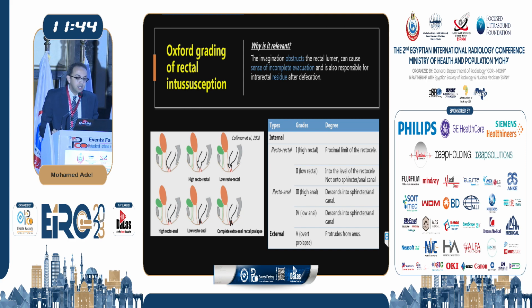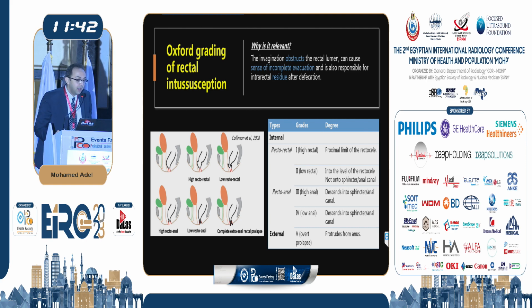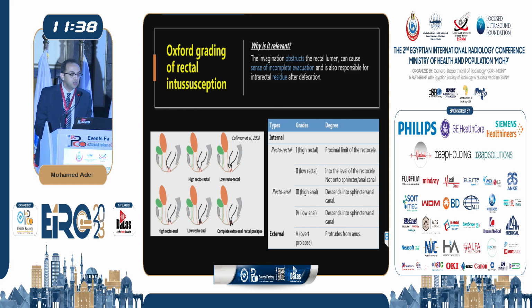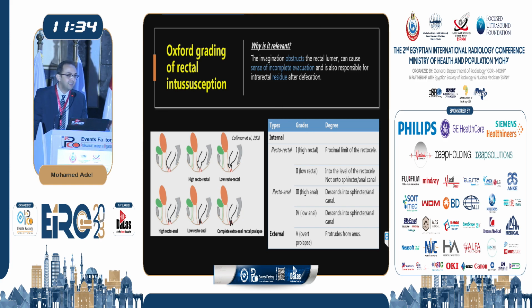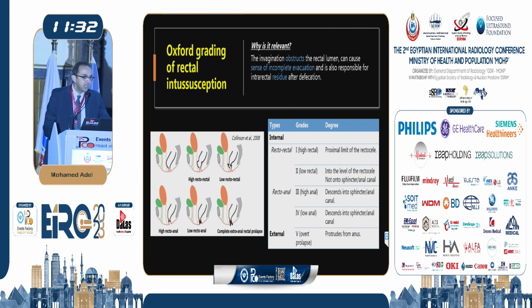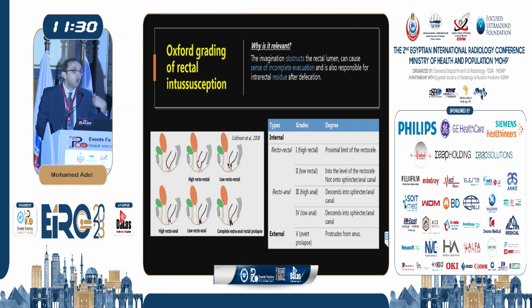It is relevant because this invagination can obstruct the rectal lumen and cause the patient the sense of incomplete evacuation, that the patient might think that there's still fecal matter and continues to strain, even like he's evacuating. Or sometimes it causes intrarectal residue. It is important to mention that you can classify it into low grade or high grade based on where it is in the level.